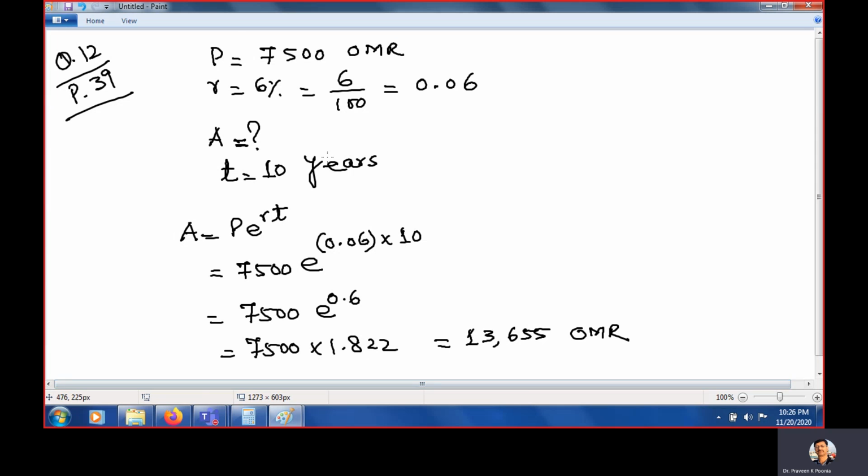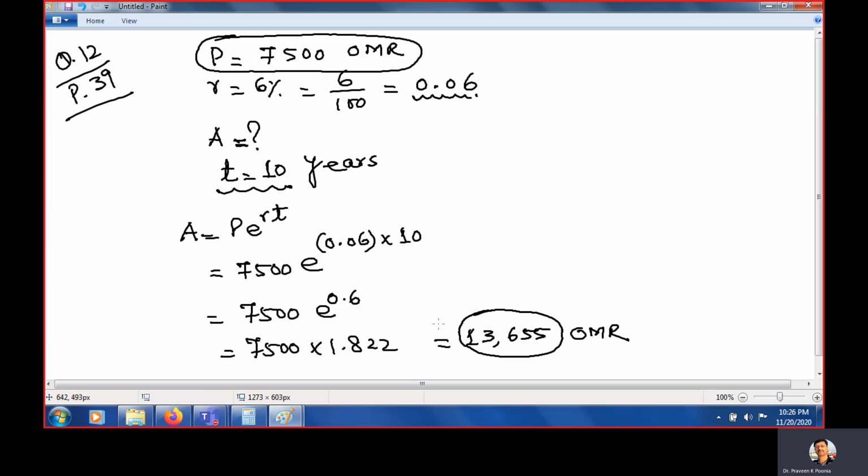So what was the amount initially deposited? Initially the deposit was 7,500 Omani Riyal, the interest rate was 6%, the time was 10 years. So after 10 years, how much amount are you going to get? 13,665. And this is on the basis of compounded continuously.